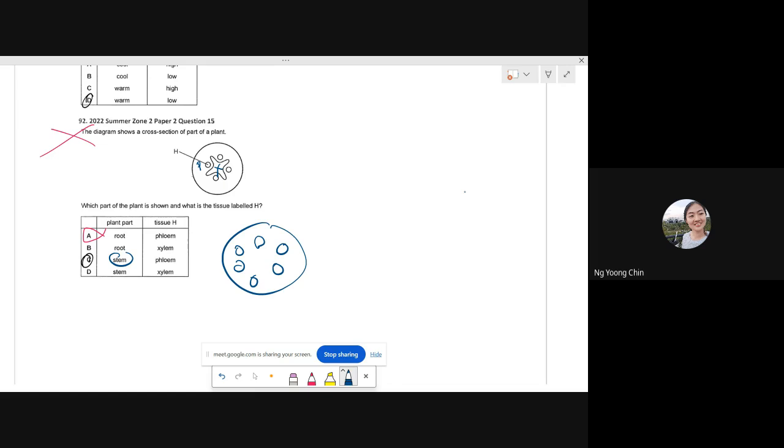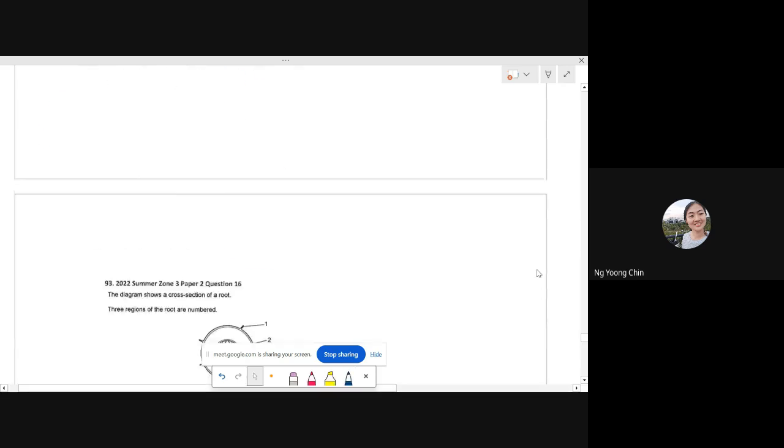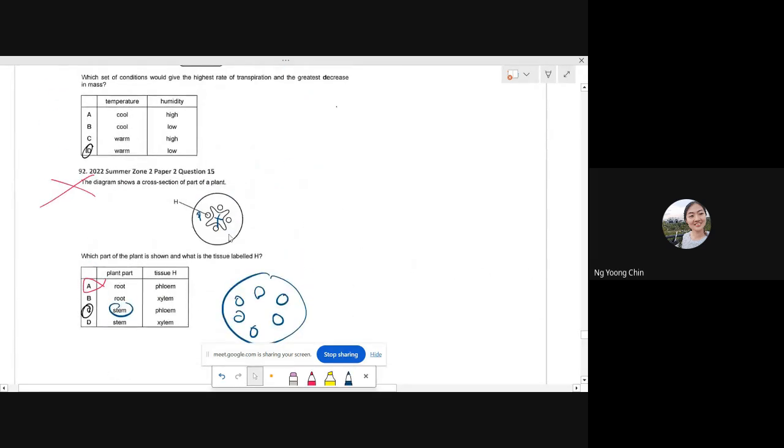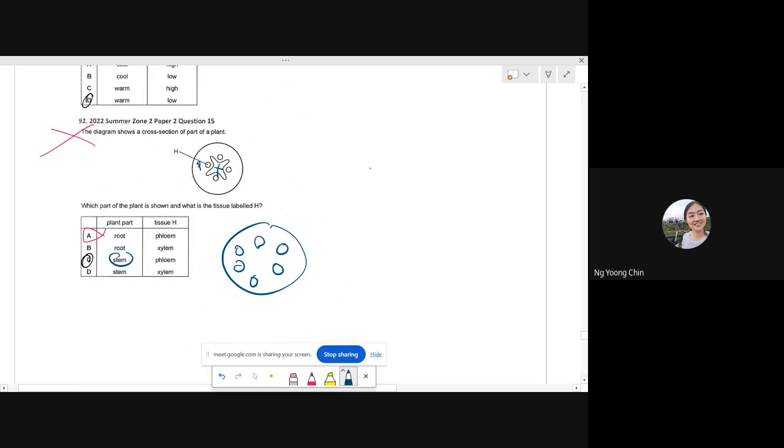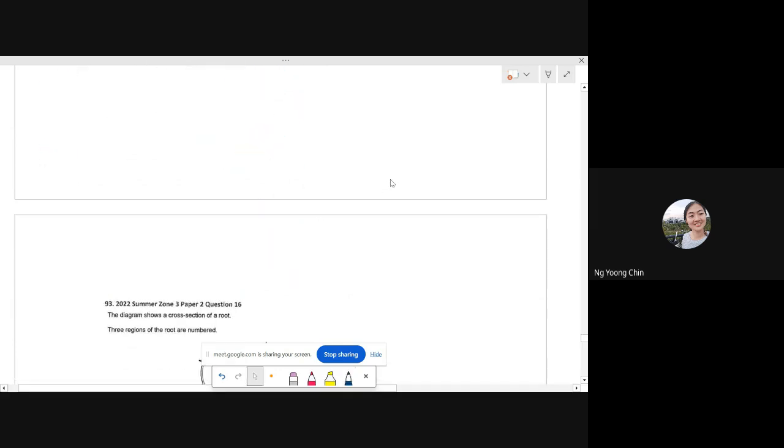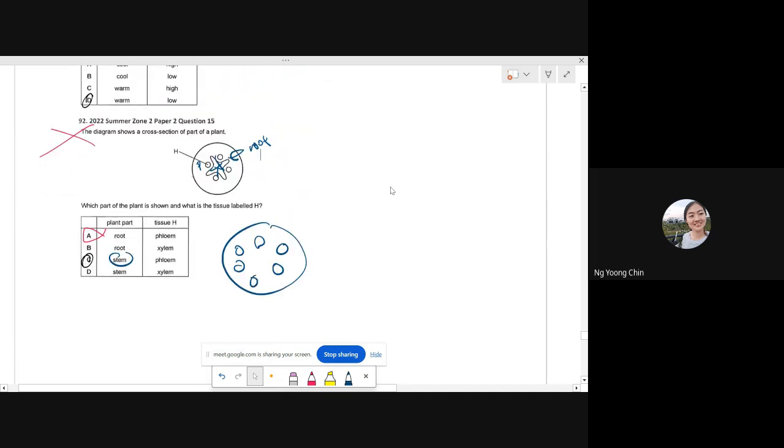So they are different in their orientations. If there is an X at the center, it is referring to the root part. Imagine that the xylem and phloem orientations in the roots, stem, and leaf are different.